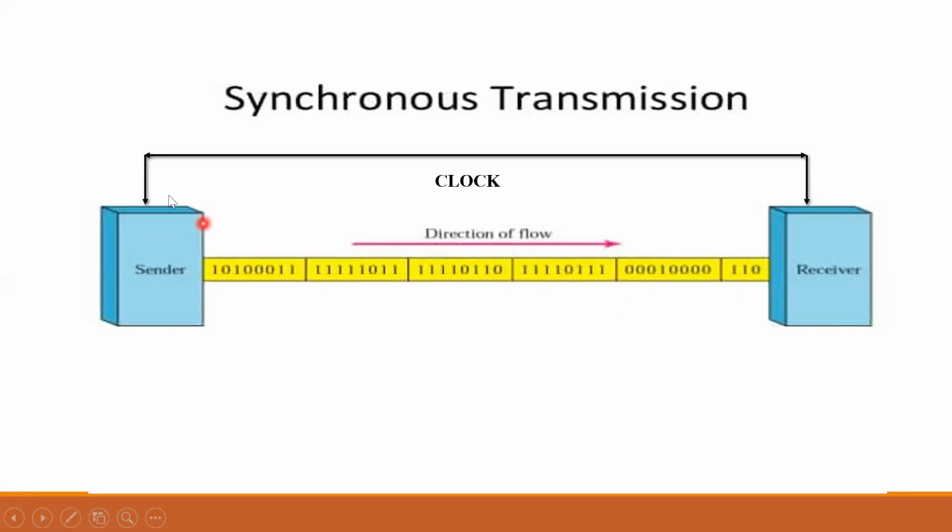You can also see a clock signal between the sender and the receiver. This clock signal lets the receiver know about the new byte coming towards it. This is the task of the clock signal.